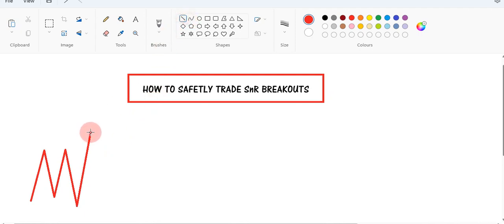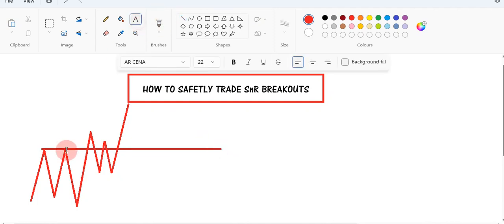Breakouts. So this is the broken resistance.